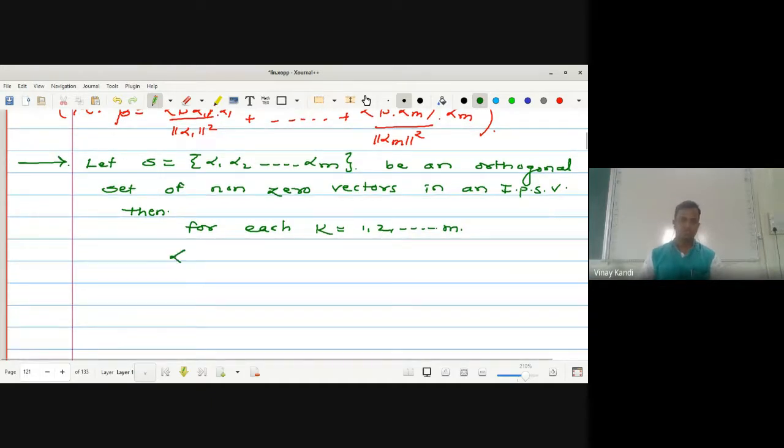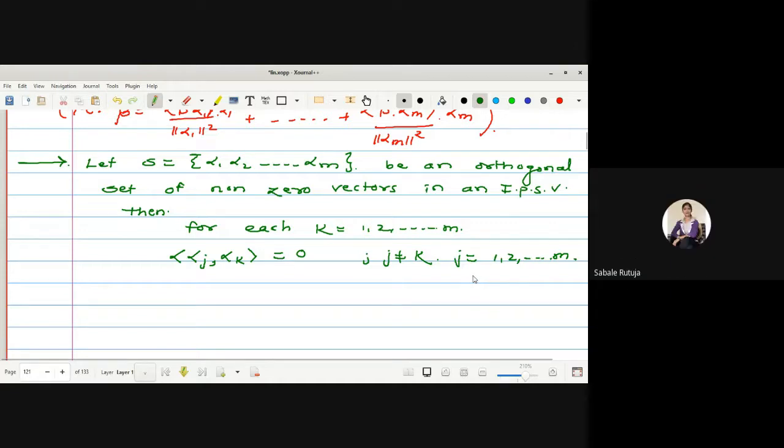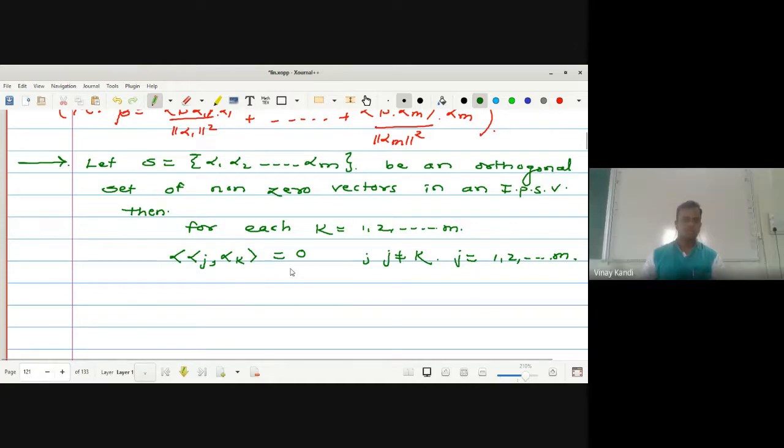That means inner product of alpha j and alpha k is equal to 0, where j is not equal to k, and also j running from 1, 2 up to so on m. Is it correct? Yes, sir. There are two distinct vectors. The inner product of two distinct vectors is equal to 0. Why? Because the set is orthogonal. That means each vector in that set is orthogonal to the other vector. Give it as equation number 1.